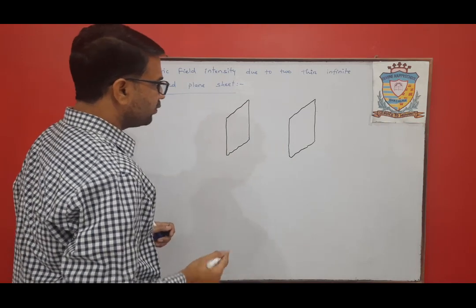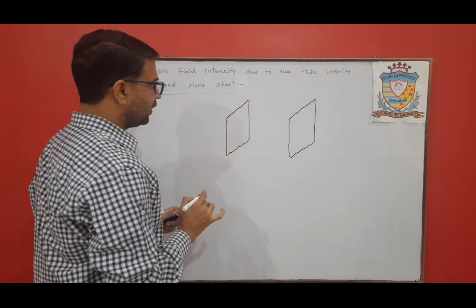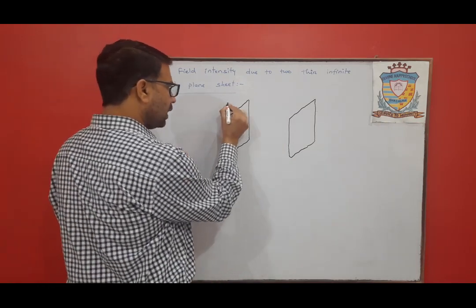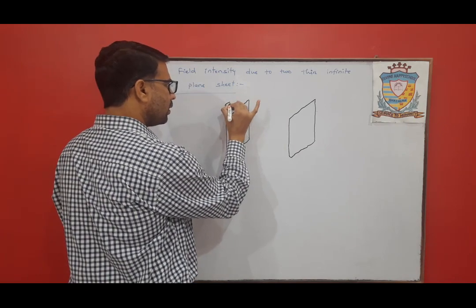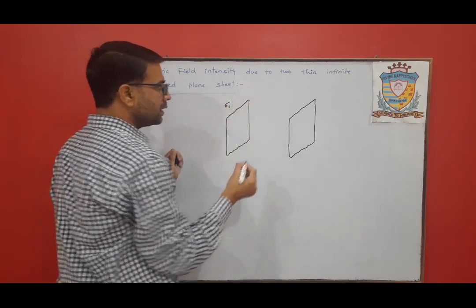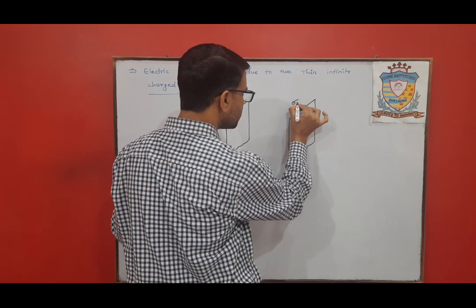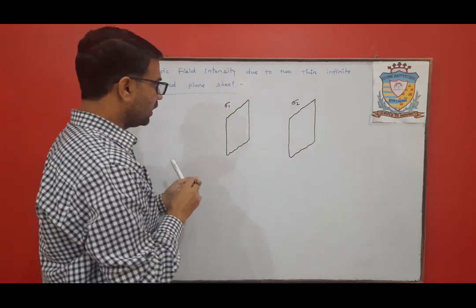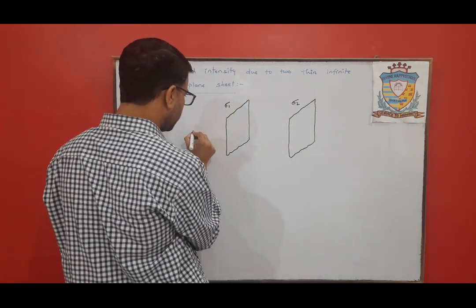Okay, so let we have two different charge sheets having charge density sigma 1 and sigma 2.